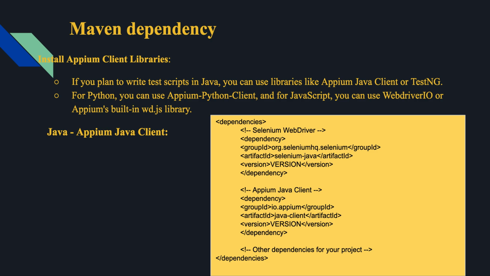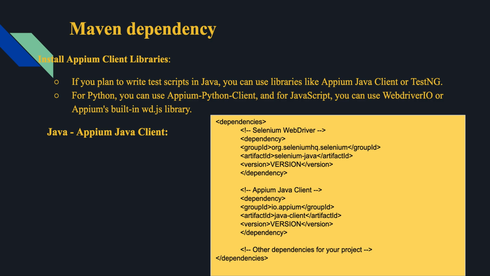Once you install them, you can choose any of the IDEs like IntelliJ or Eclipse to set up your mobile automation framework. And for a Maven project, you can declare a Java Maven project or Python, and you can add the respective libraries like Appium.